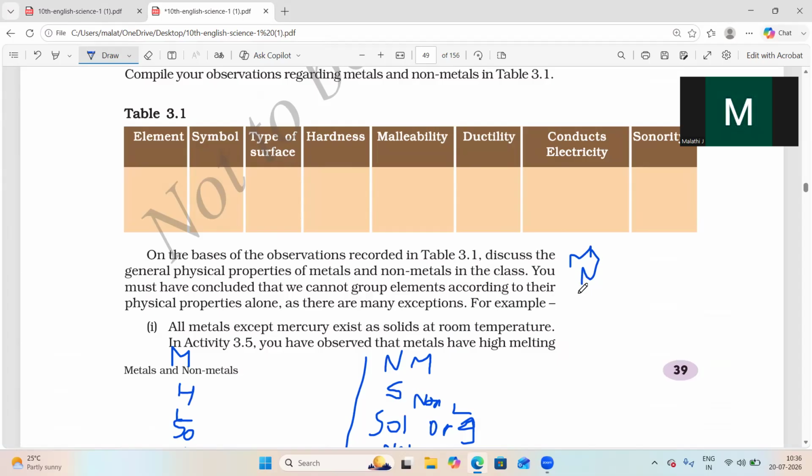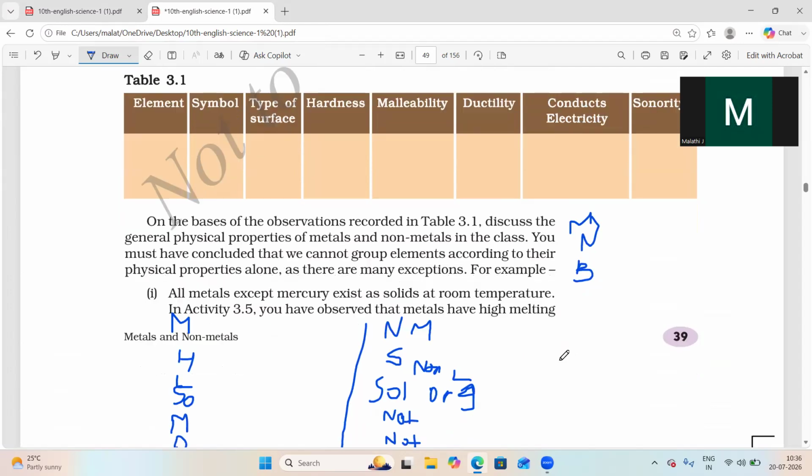Non-metals are bad conductors of electricity, and they are neither lustrous nor sonorous. If you strike a non-metal on a surface, it will not produce any sound.